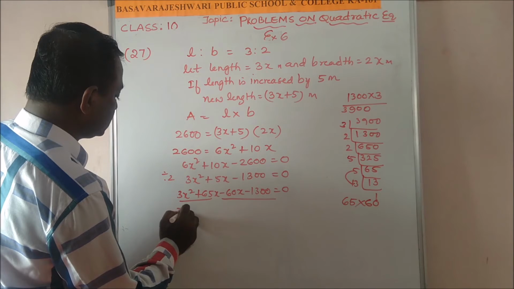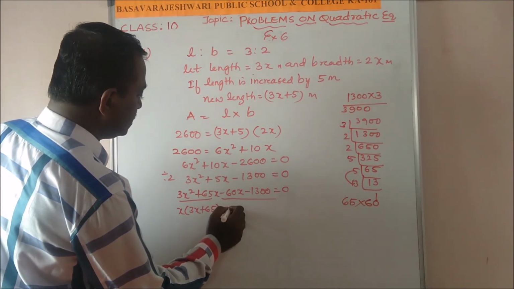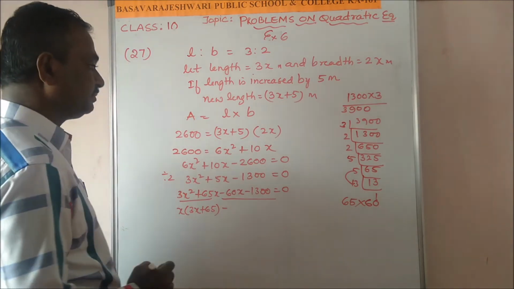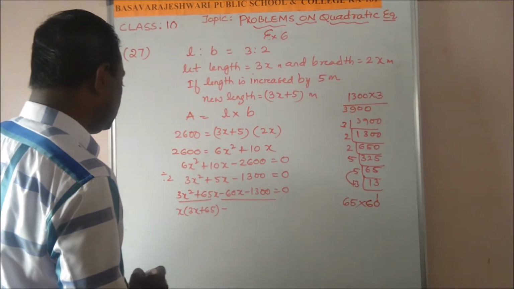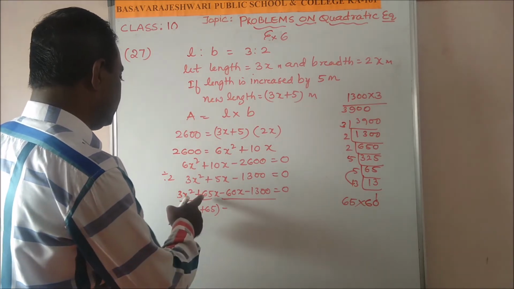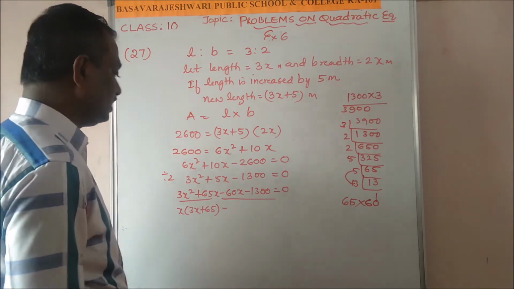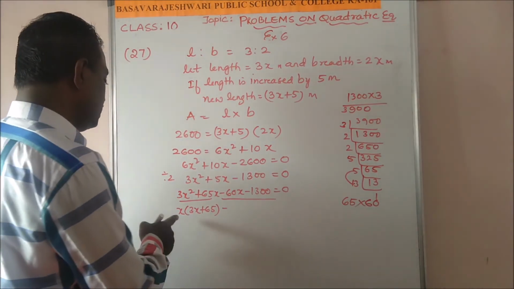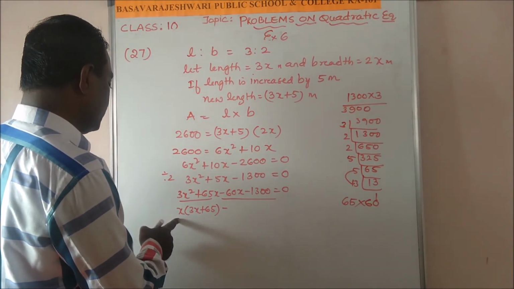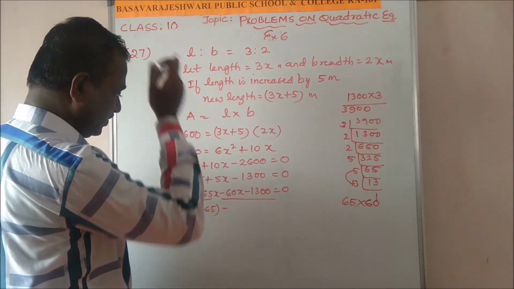So here x common, 3x plus 65, minus here, what do we have to take?